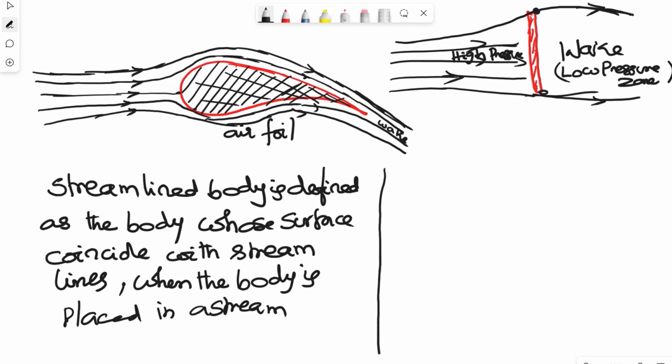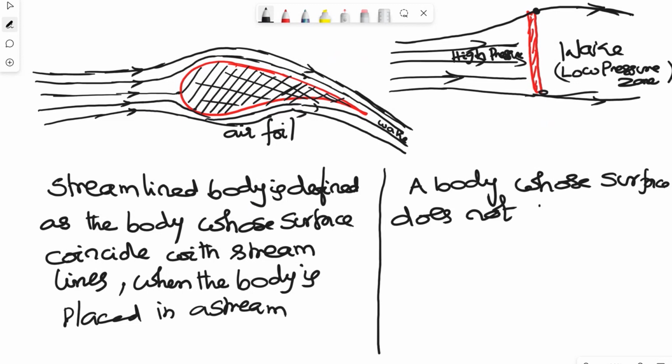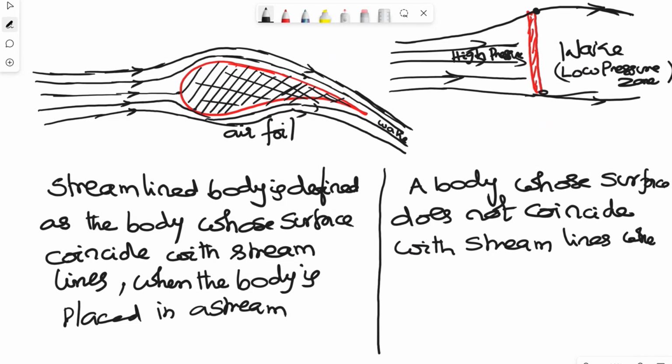Now, if I go to the other one, what you call a bluff body, it is a body whose surface does not coincide with streamlines when the body is placed in a stream.